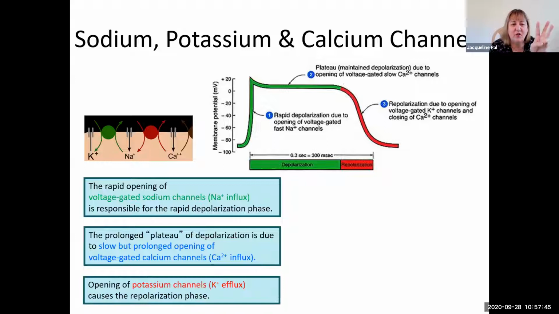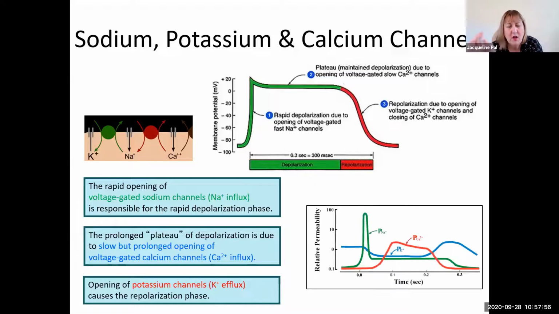The third part is the opening of the potassium channels, allowing potassium to exit the cell, causing the repolarization. If you look at this bottom right picture, you can see each of these ions separately and what's happening to them over time.